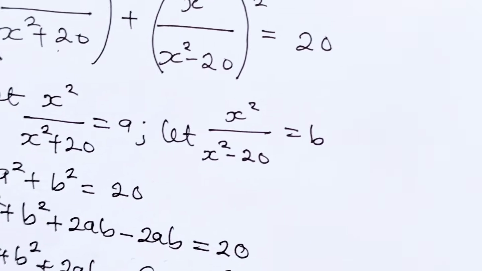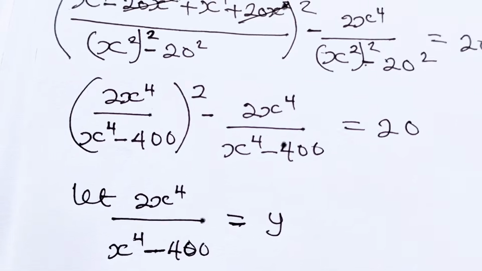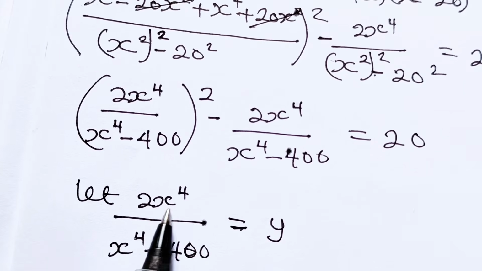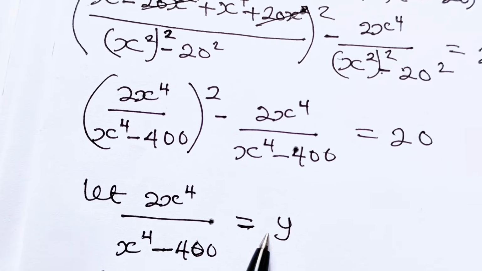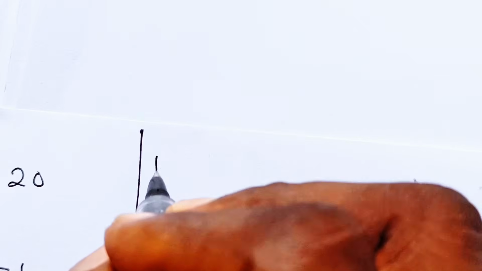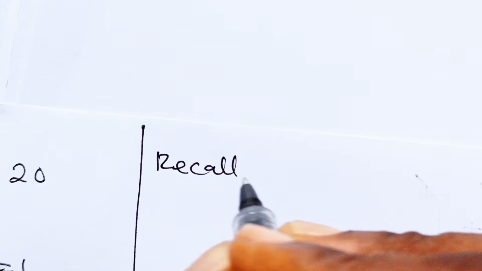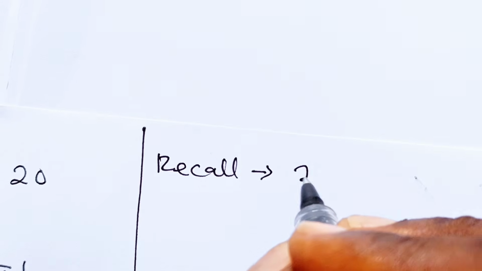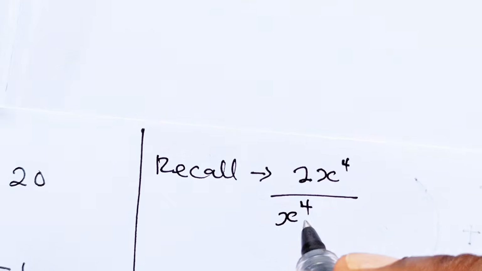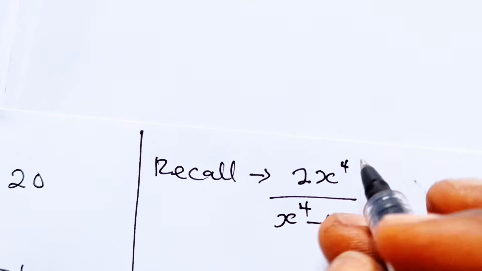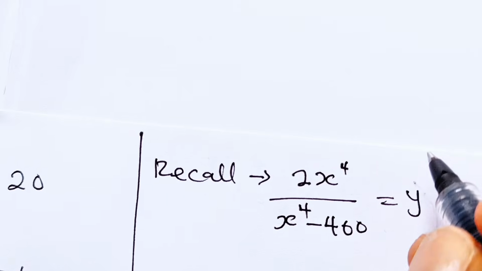Okay, but I want you to recall that 2x to the power of 4 divided by x to the power of 4 take away 400 is equal to y.